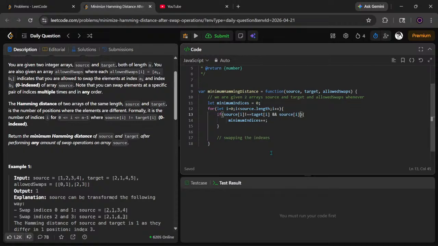How can I calculate the allowed swap here?